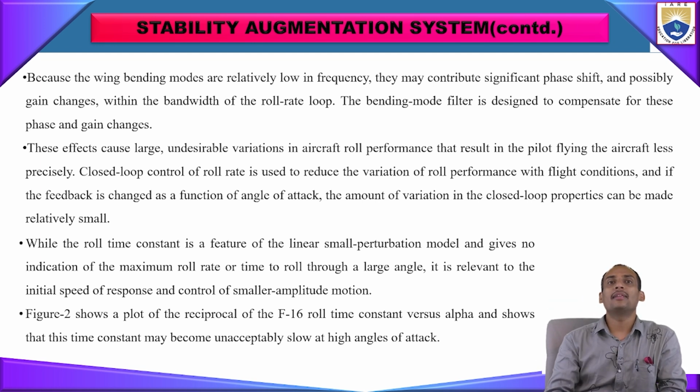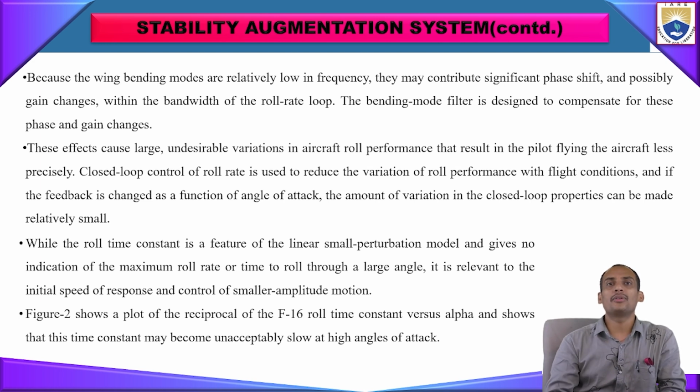Okay, so while the roll time constant is a feature of a linear small perturbation model and gives no indication of maximum roll rate or time to roll through a large angle, it is relevant to the initial speed of response and control of smaller amplitude motion.